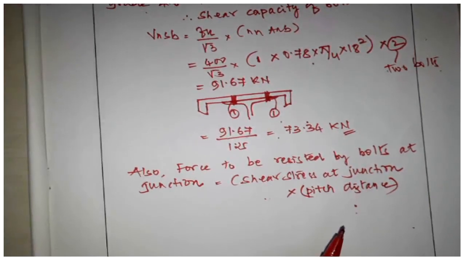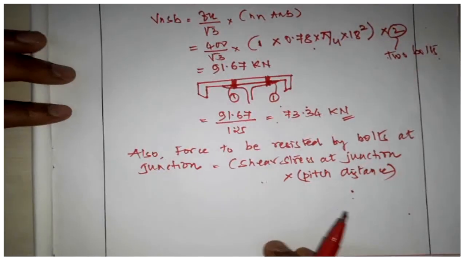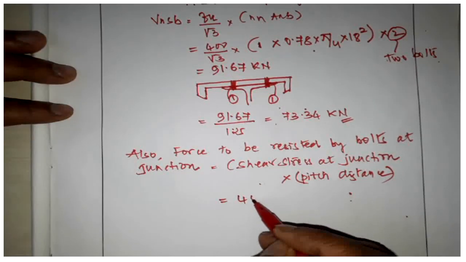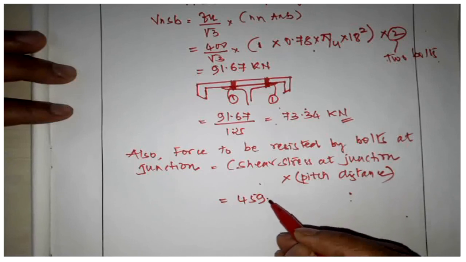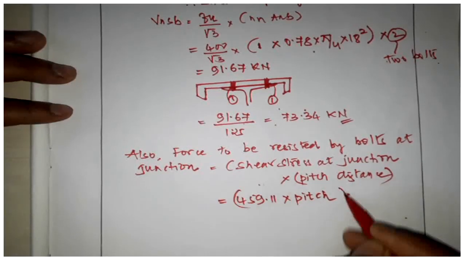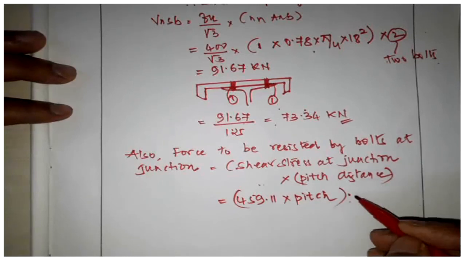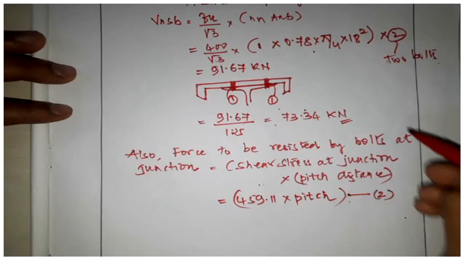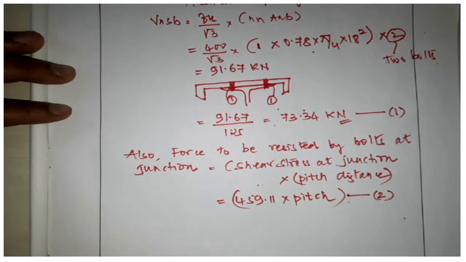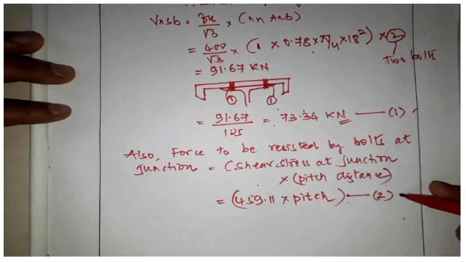Okay, so then here we already got the shear stress at junction as 459.1 into pitch. So I'll call this equation number 2, and the earlier one will be 1. Now what you have to do is equate 1 and 2.